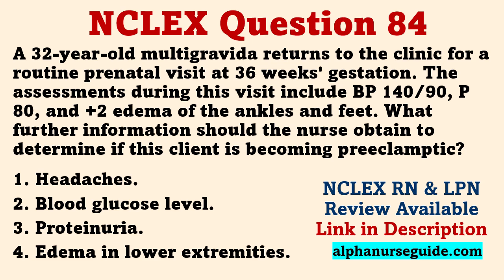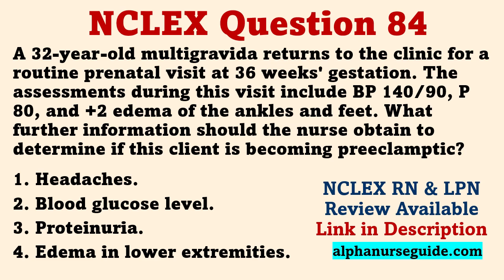The correct answer is 3. The two major defining characteristics of preeclampsia are blood pressure elevation of 140/90 or greater and proteinuria. Because the client's blood pressure meets the gestational hypertension criteria, the next nursing responsibility is to determine if she has protein in her urine. If she does not, then she may be having transient hypertension.